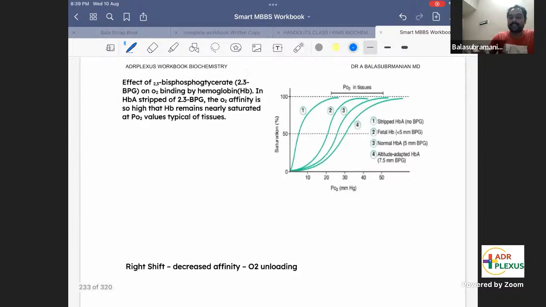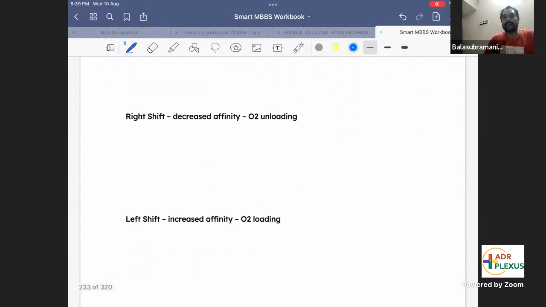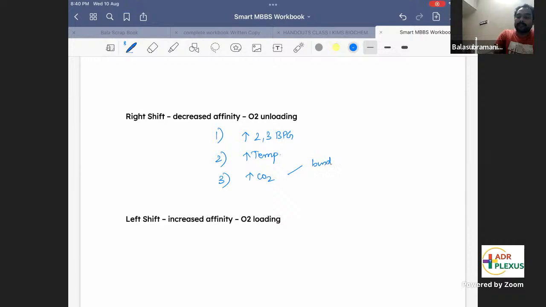Now, what are the factors which decrease the affinity? 2,3-BPG, so oxygen will be unloaded, increased temperature, increased carbon dioxide, because carbon dioxide binds to Hb with 20 times more affinity, and carbon monoxide binds to Hb with 200 times affinity.